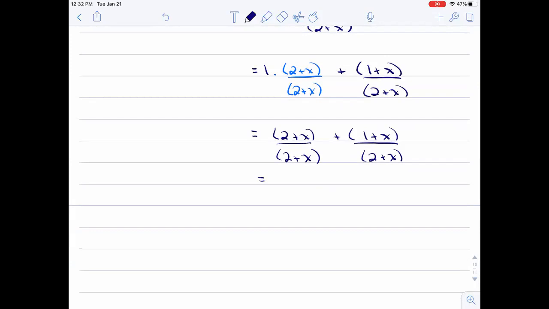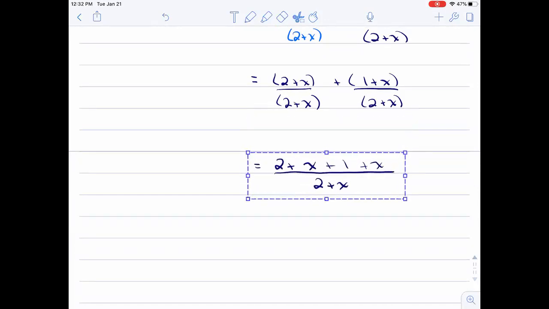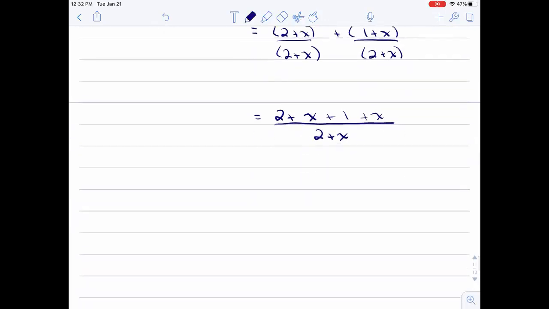So now we've got (2 plus x) plus (1 plus x) all over (2 plus x). Scoot this down here. New page. 2 plus 1, I can do 3 plus, and then x plus x is 2x. And then divided by 2 plus x.